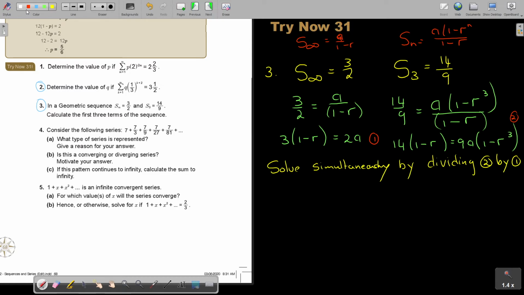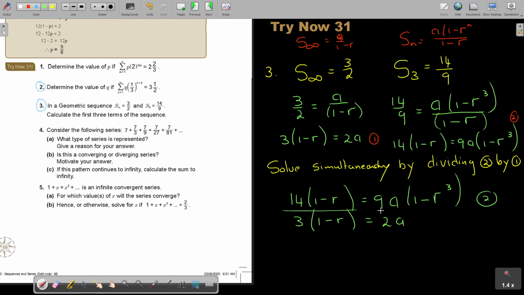So this looks bigger, so equation 2: 14(1 minus r) equals 9a(1 minus r^3). And equation 1 is 3(1 minus r) is equal to 2a.